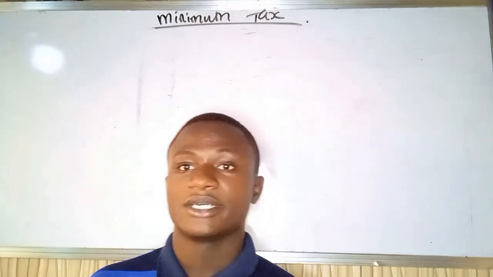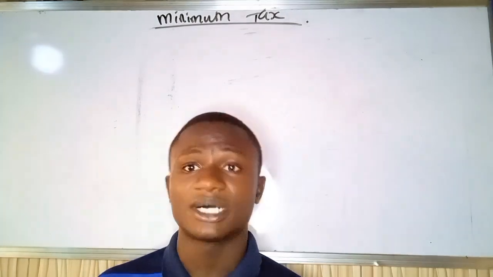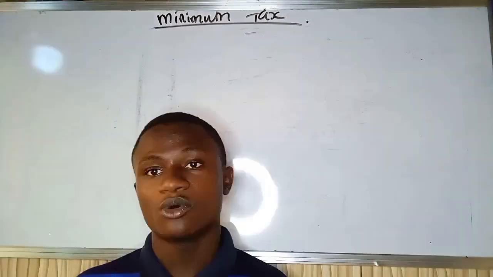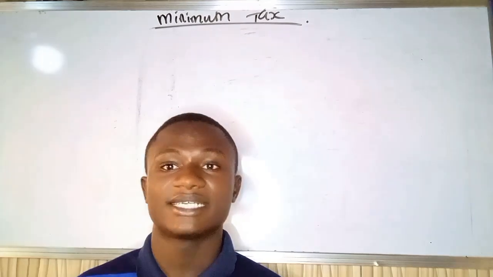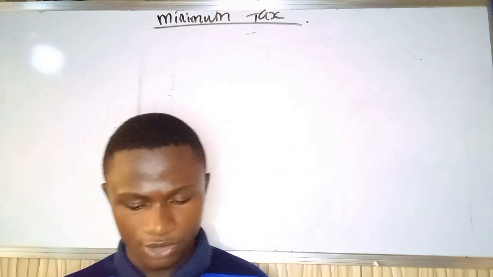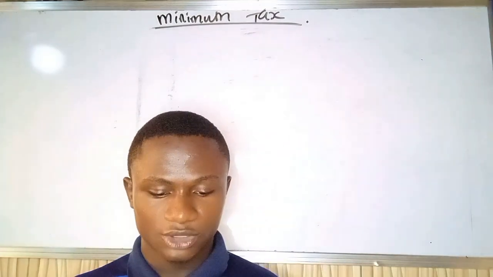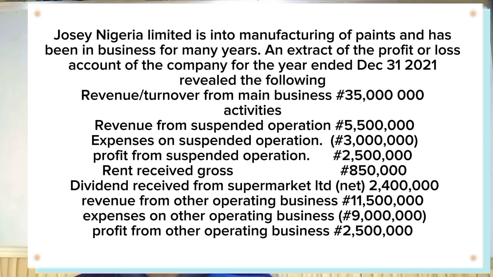We have a question. This question was gotten from ICAN Study Pack 2024, September diet, ATS 3. So let's go. We have Josie Nigeria Limited, which is into manufacturing of paints and has been in the business for many years.